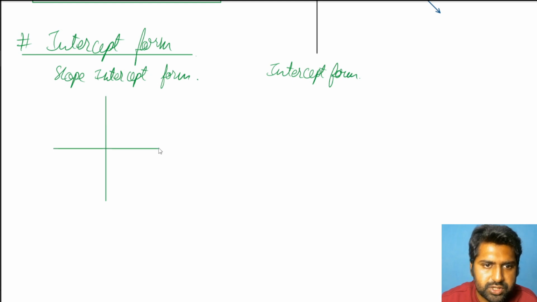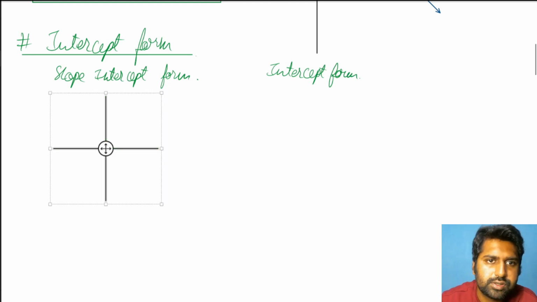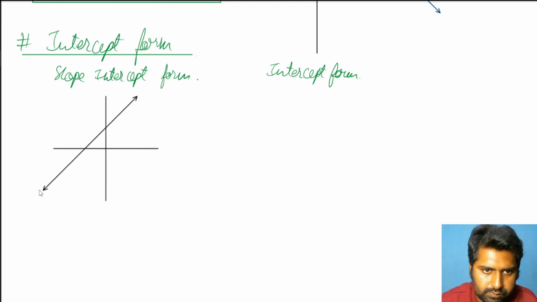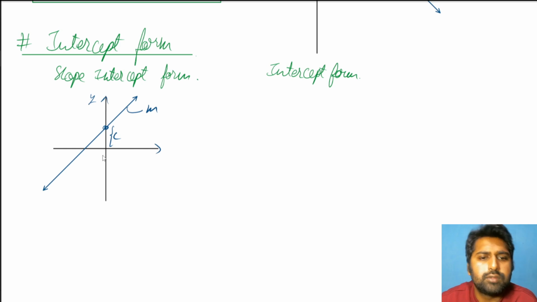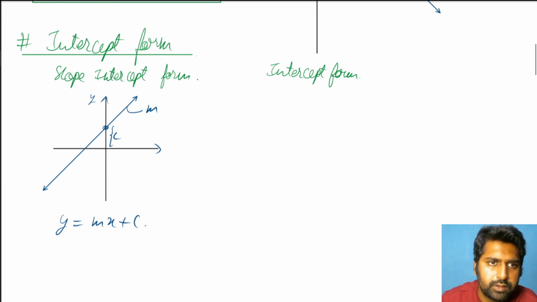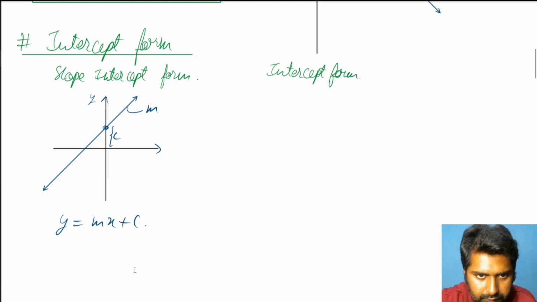You have to see the situation and then you have to just know the format. Suppose a line has slope m and it is intersecting y-axis at a distance of c units. In that scenario, y is equal to mx plus c. This situation you should know first of all.